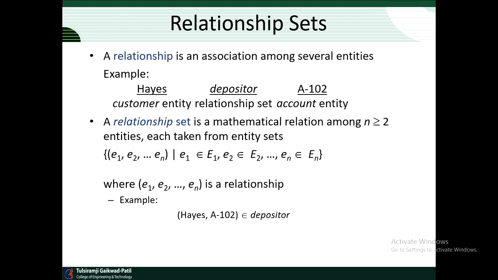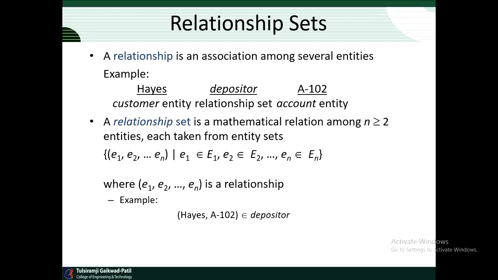So capital E is nothing but the entity set and small e represents an entity. So an example is given here: Hayes comma A102 belongs to depositor.